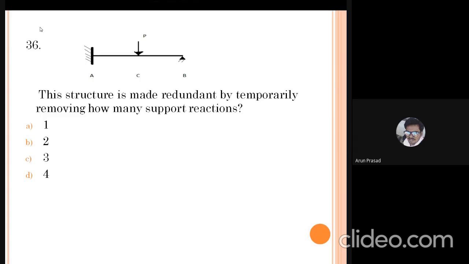So consider this diagram. That is, we have A as a fixed support, and C and B is a hinge. We have a point load acting at the point C. So the structure is made redundant by temporarily removing how many support reactions? So the answer will be 1, that is A. Okay. So by removing the one support, we can make this total structure a redundant one.